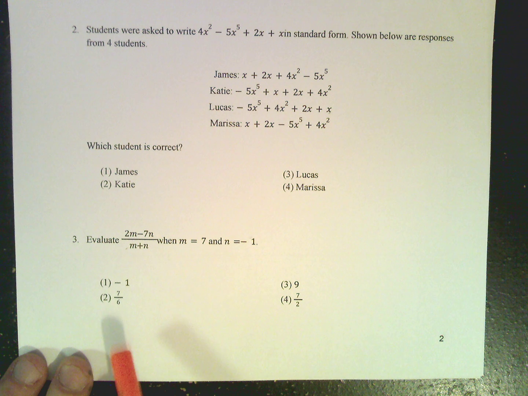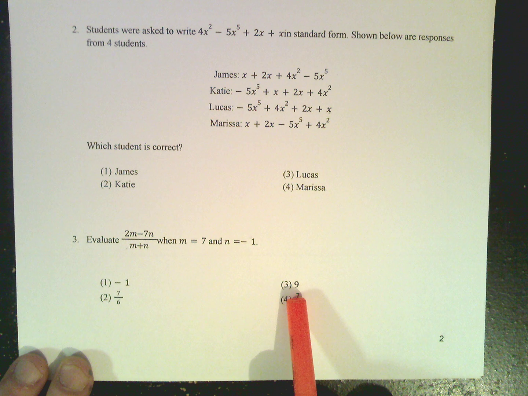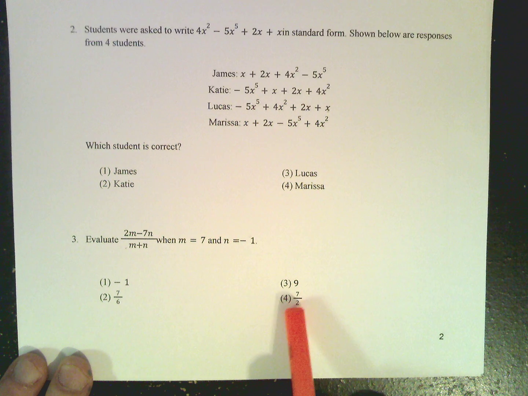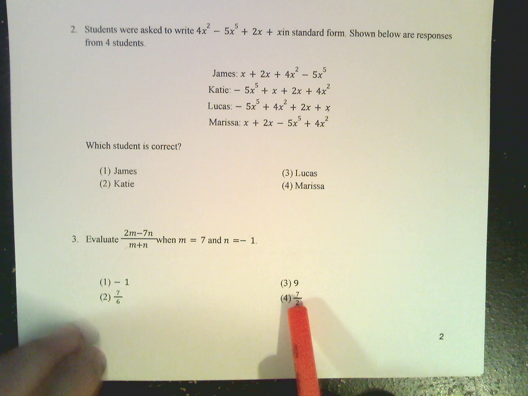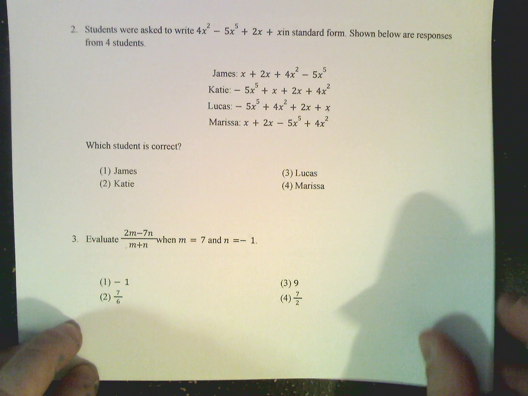Your choices for answers are 1, negative 1, 2, 7 over 6. Answer 3 is 9. And answer 4 is 7 over 2.